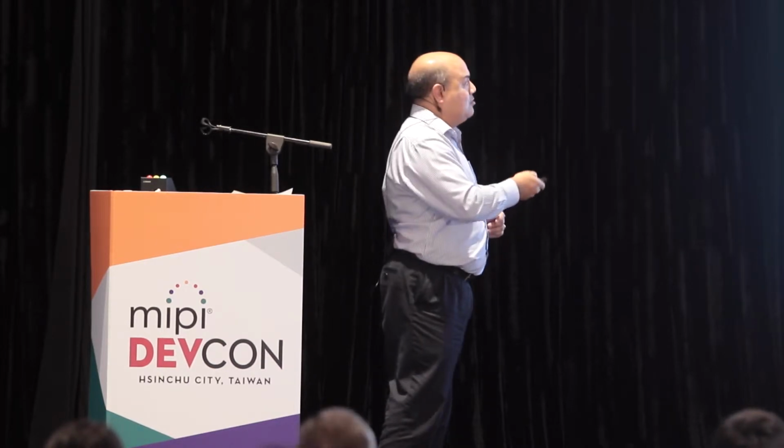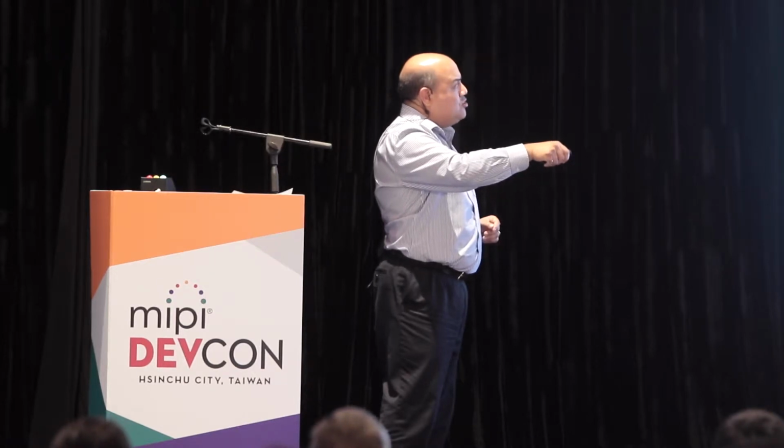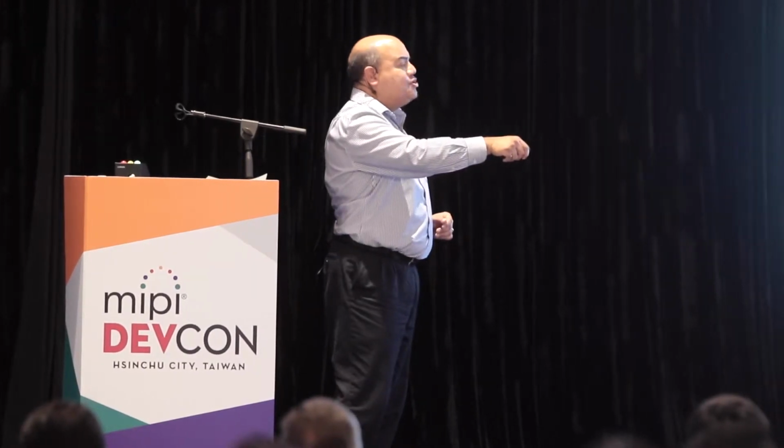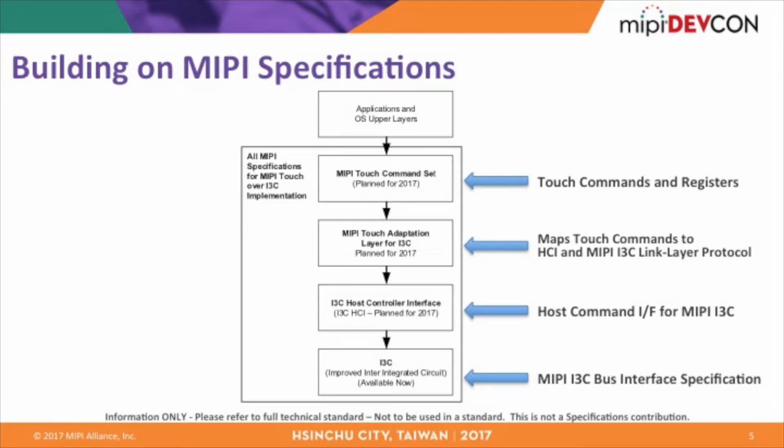Again, please be aware this is a trend in our industry, and so this first specification we believe will set the trend for the next few years and new types of touch and MIPI sensor standards. The idea of the adaptation layer is to explain to engineers what specific features at the low link layer and the PHY layer will be required. And I will spend the majority of the talk on that, specifically in-band interrupts and low latency.